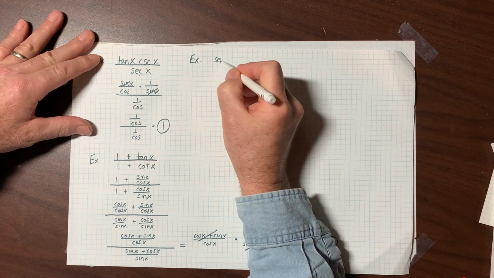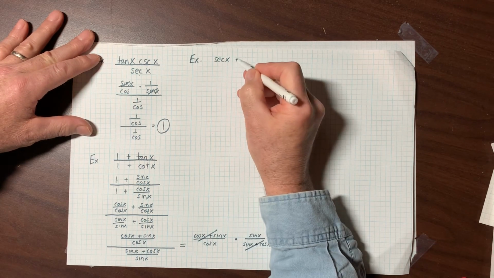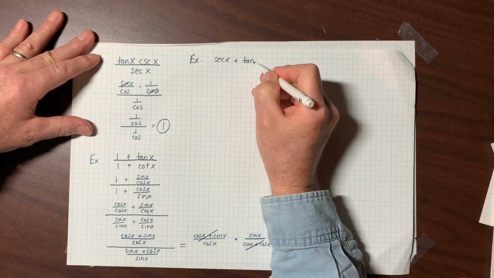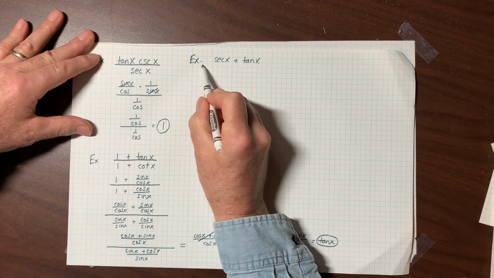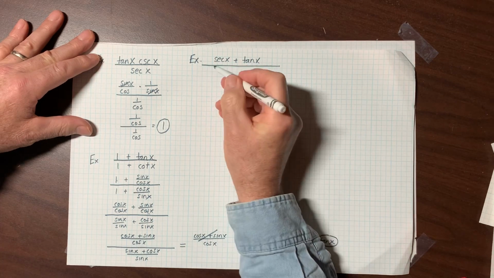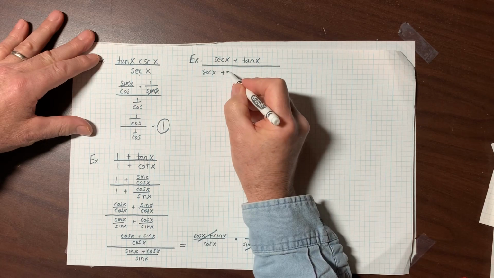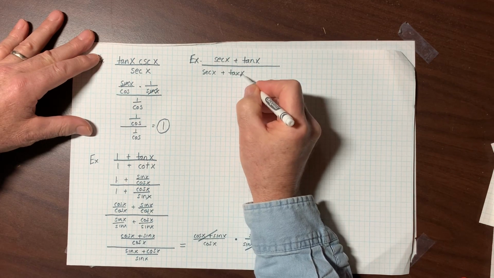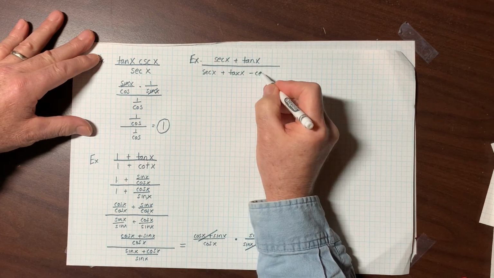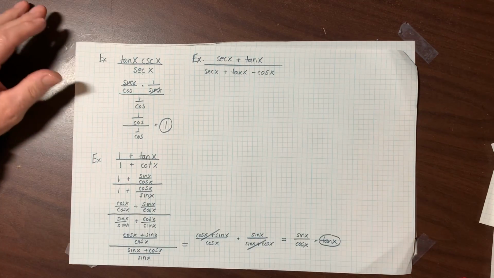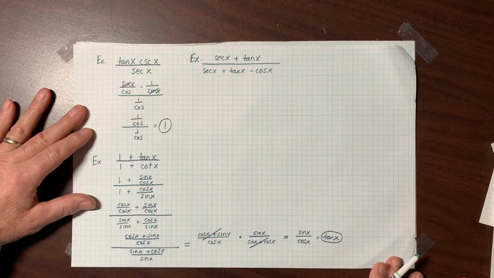I've got the secant of x plus the tangent of x. And downstairs, I've got the secant of x plus the tangent of x minus the cosine of x. All right. So here's what I'm going to do.